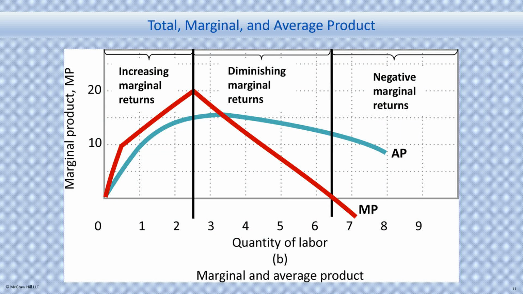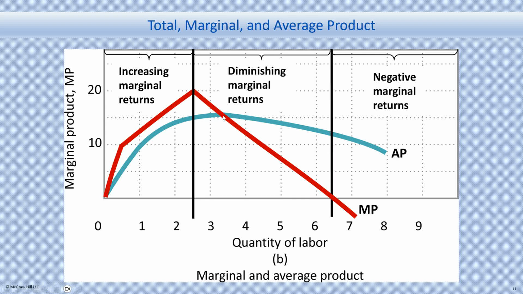All right. So initially, both these curves are upside-down U's. They go up initially for increasing levels of labor, and then they go down. Both are U-shaped.